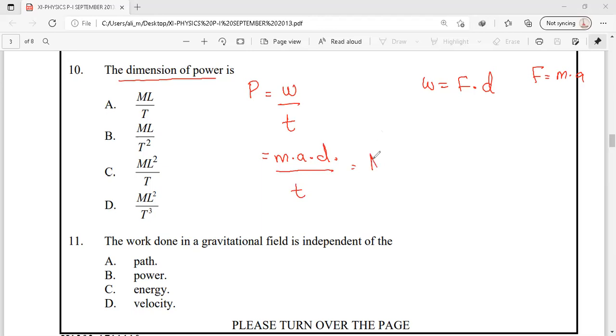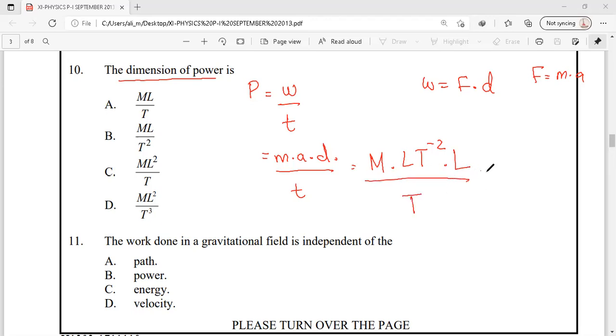Dimension of mass is M, dimension of acceleration will become LT minus 2, and the dimension of d, that is the displacement, is L, divided by time t.